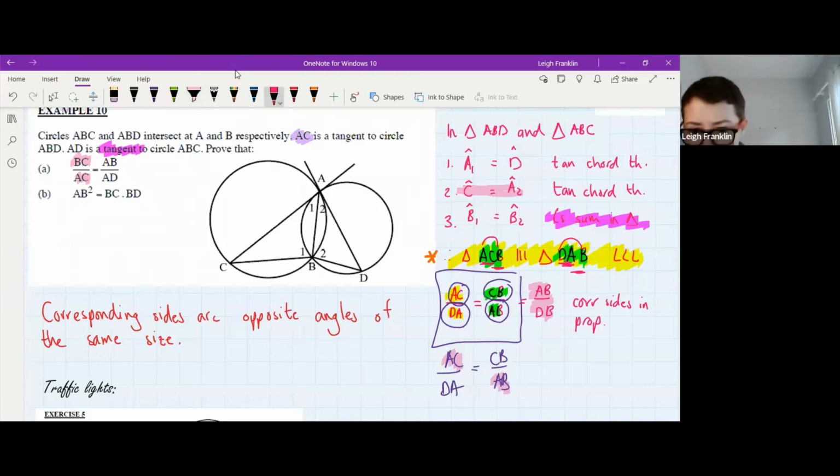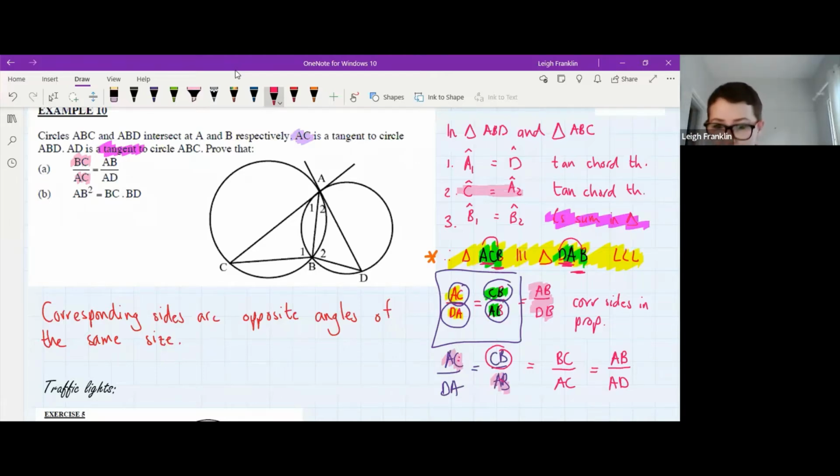So I'm going to keep BC at the top, or CB, that's this one over here. I'm going to interchange these two. So I'm going to put that over AC is going to be equal to AB. So remember they changed places. So that's why this one is now in the numerator over AD, that one stays behind in the denominator.